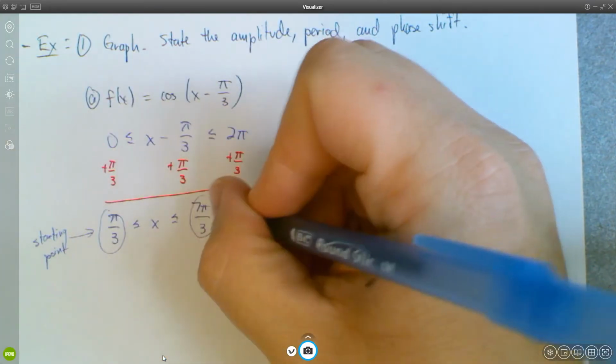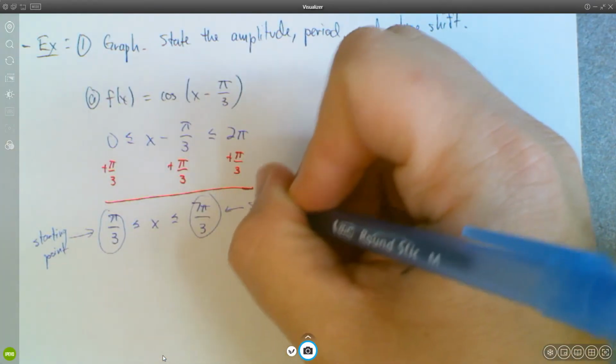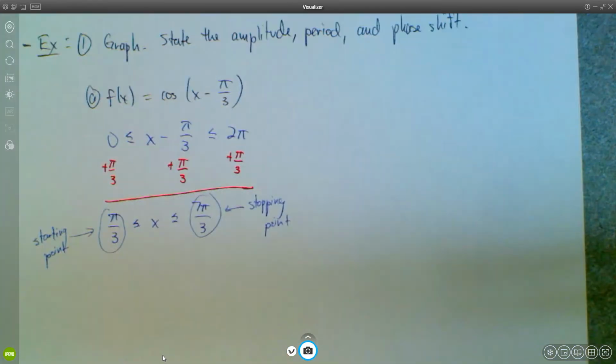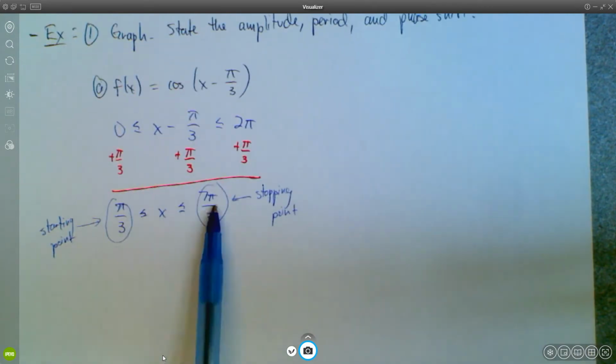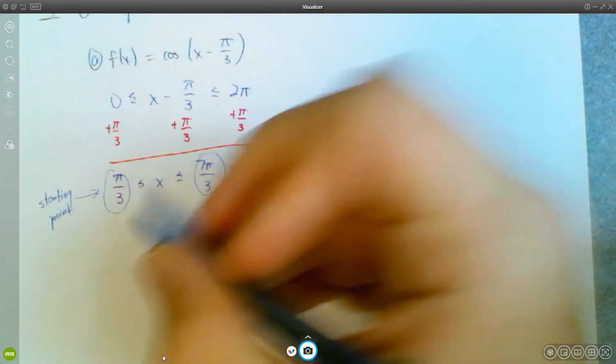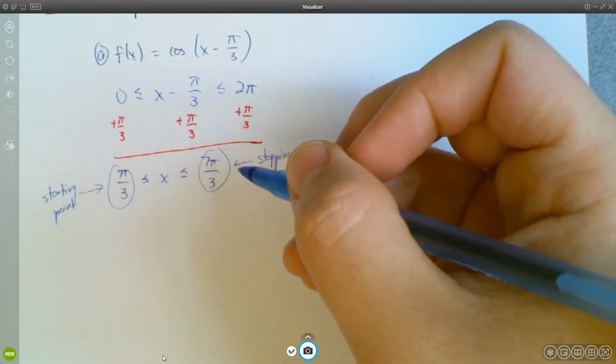This tells you where to end. And remember, you should have 5 special points. So in order to find the 3 points that are equally spaced between these endpoints, we need to take the period and divide it by 4.